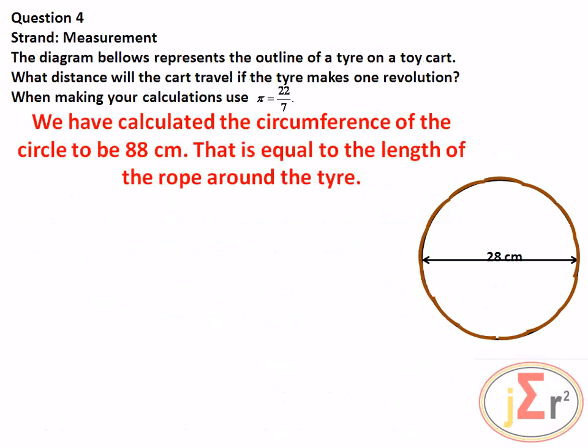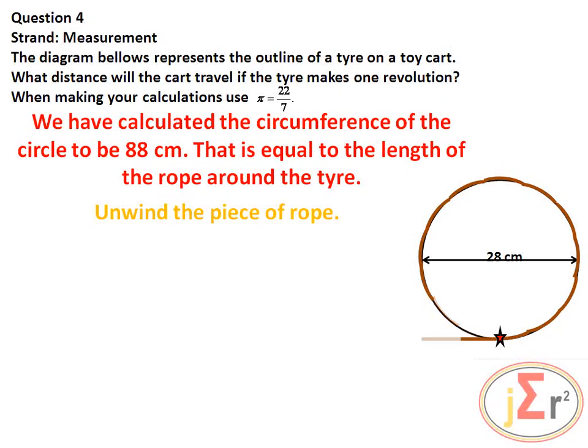We have calculated the circumference of the circle to be 88 centimeters. That is equal to the length of the rope around the tire, because as a matter of fact, that's the circumference of the tire. So it has to be the length of the rope that was wound around the tire.